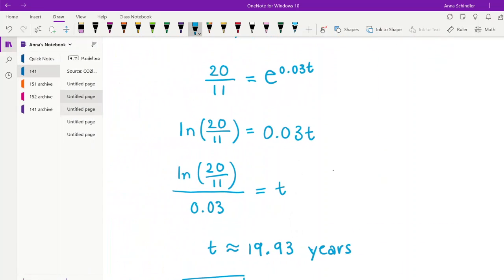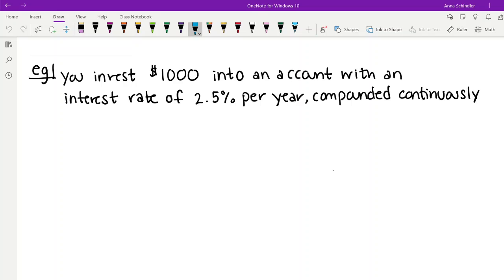Okay, so another few examples. So this next example says you invest $1,000 into an account with an interest rate of 2.5% per year, compounded continuously. So this is something that we didn't really get a chance to talk about. So there's different ways of compounding interest. And I believe that if you want to look more into this, I think this is in section 4.2 of your book.